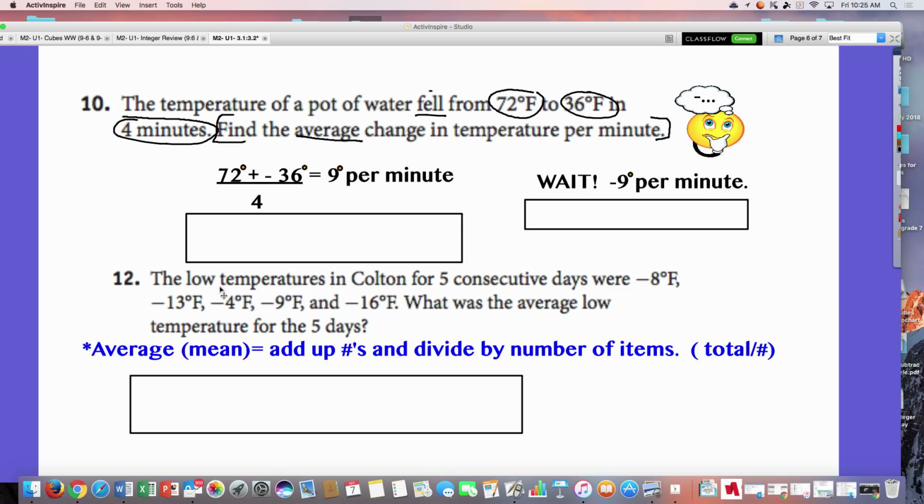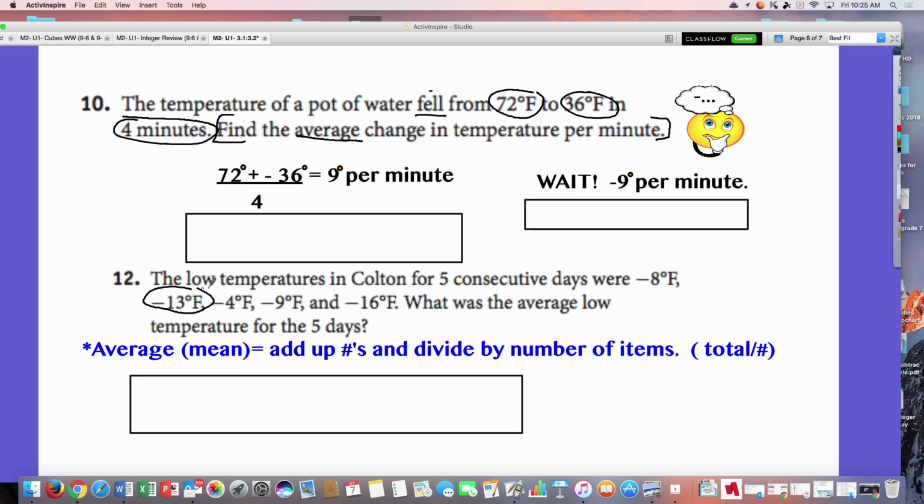All right, let's look at number 12. The low temperatures in Colton, a town near Springfield, for 5 consecutive days were -8, -13, -4, -9, -16. What was the average low temperature for 5 days? So here's my numbers.